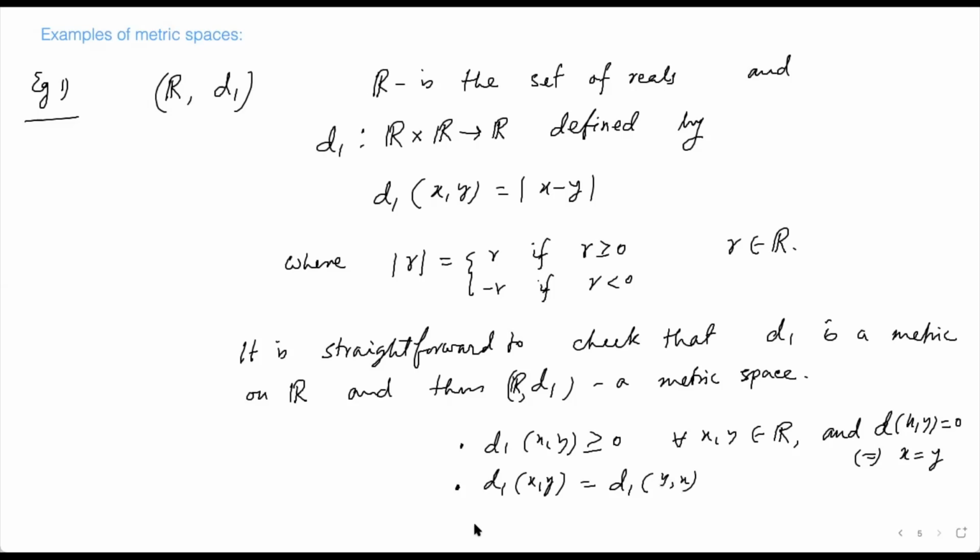And lastly, to check the triangle inequality, that is d1(x, y) is less than or equal to d(x, z) plus d(z, y). So this happens for all x, y, z in R. Now this is also true for the absolute value function. So this is a metric space.